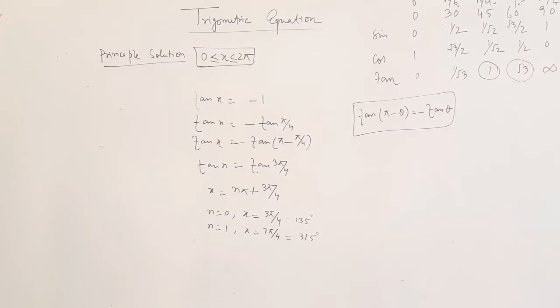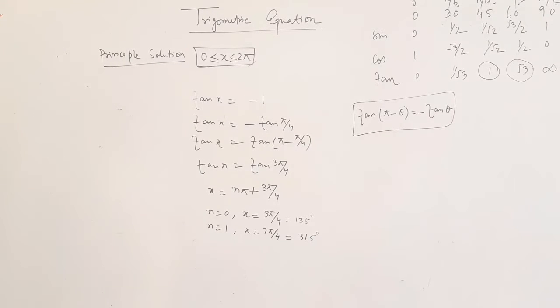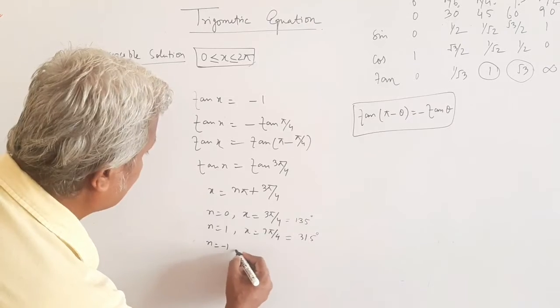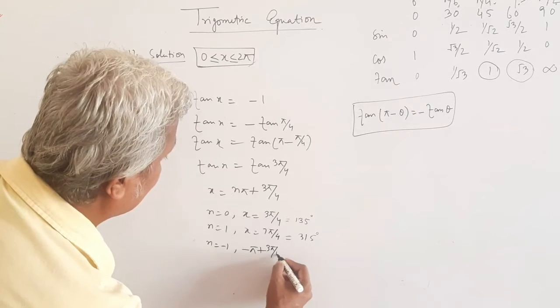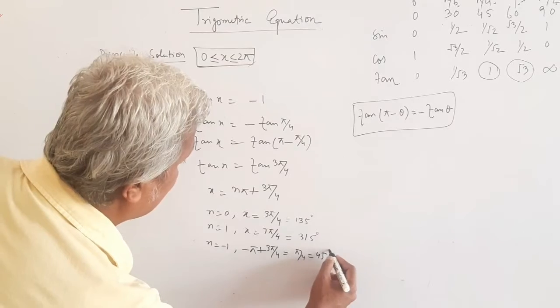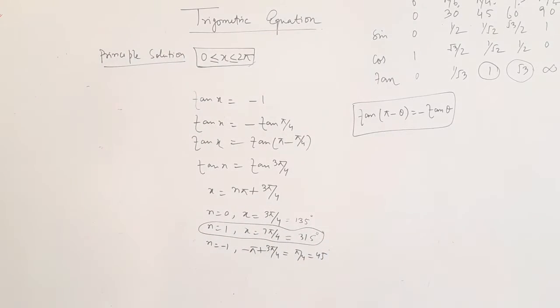If I write n as minus 1, it will become minus pi plus 3 pi by 4, so this is pi by 4, that is 45 degree. I think there is something problem in this, because you cannot have two values in the same. 315, that is fourth quadrant negative.